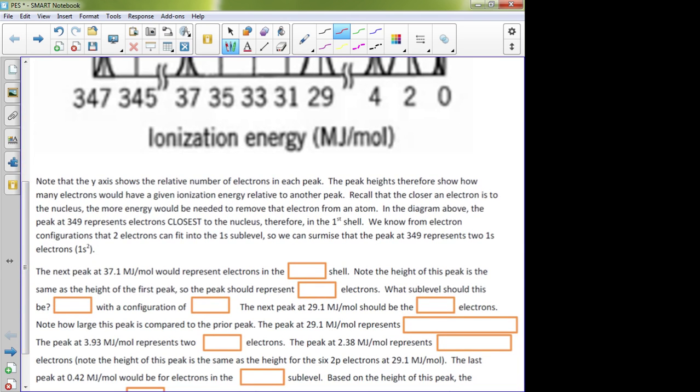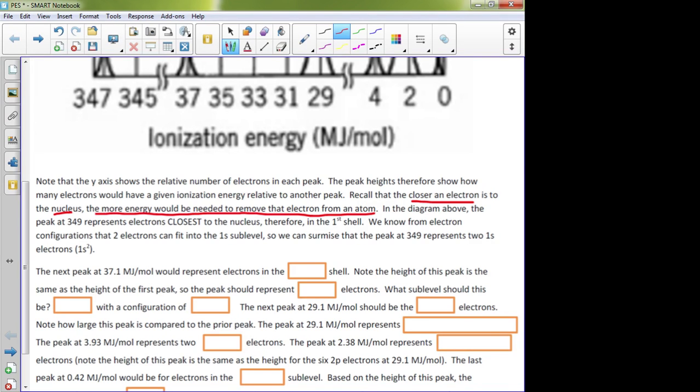The peak heights, therefore, show how many electrons would have a given ionization energy relative to another peak. Recall that the closer an electron is to the nucleus, the more energy would be needed to remove that electron from an atom. So in the diagram above, the peak at 349 represents electrons closest to the nucleus, right?